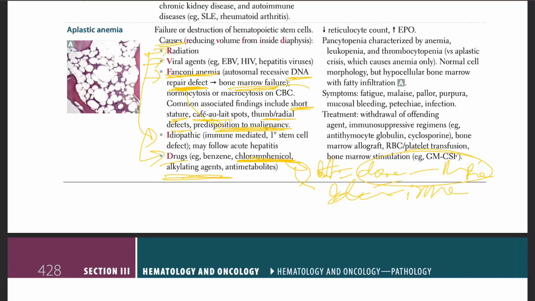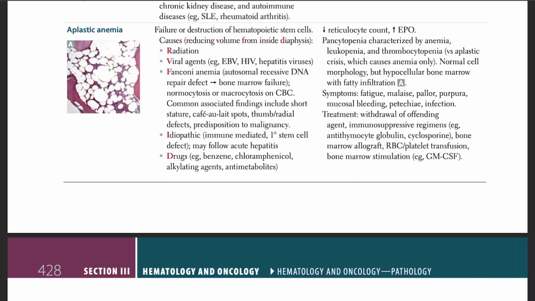Just stop the drug. But if chloramphenicol causes aplastic anemia right away, that means it's not dose-dependent. That means it is irreversible, because you cause the destruction of hematopoietic stem cells. Stem cells are out. That means you can't make any cells from the bone marrow.